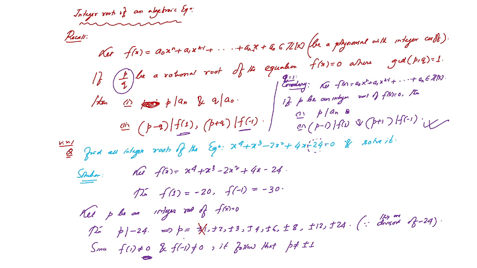Now what about the remaining divisors? We can conclude from this result that p minus 1 divides f(1).